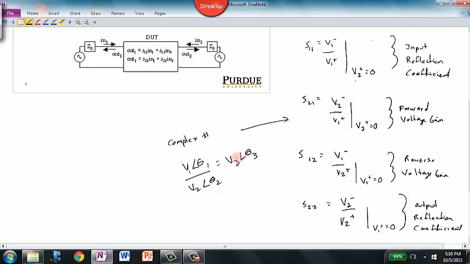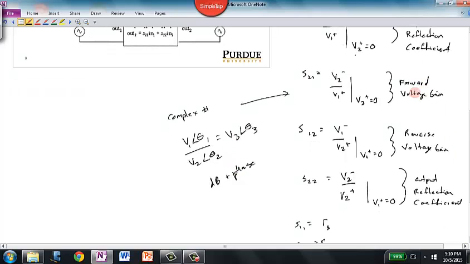And they're technically complex numbers, so you can report them with a real and imaginary part, or you can report them in logarithmic units in dB plus whatever the phase is. So to do that, you would just take 20 log of this magnitude that you get. So that's what the VNA does, it takes 20 log.